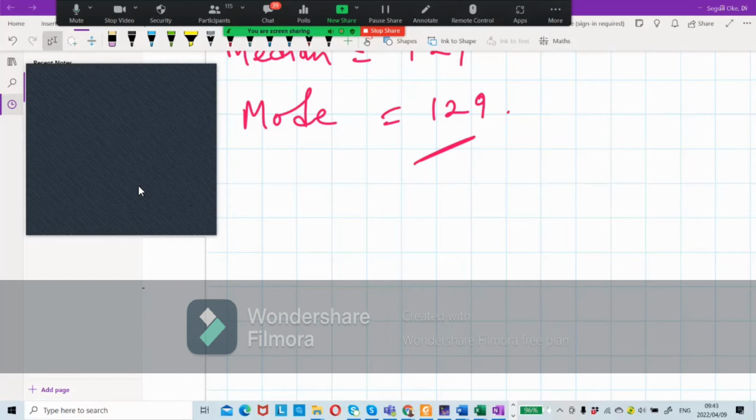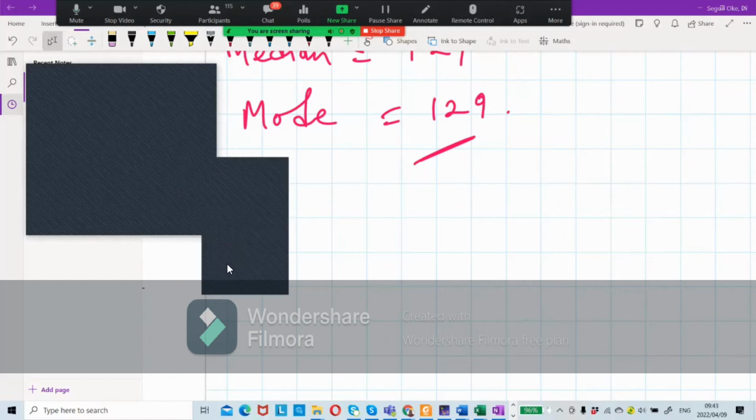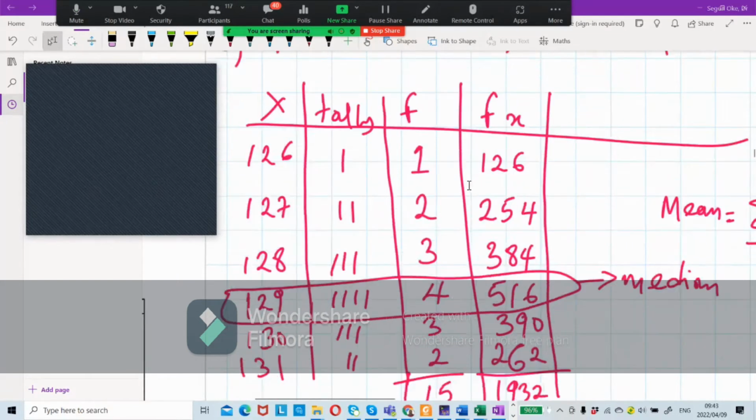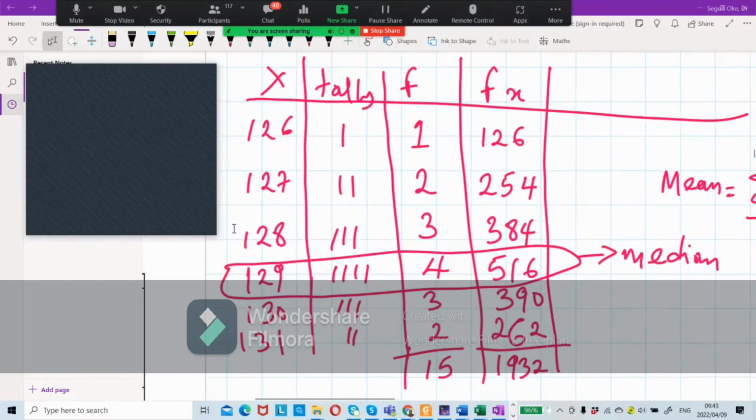Yes, gift. Did you add tally for the table? I said the column for tally, must it be included?